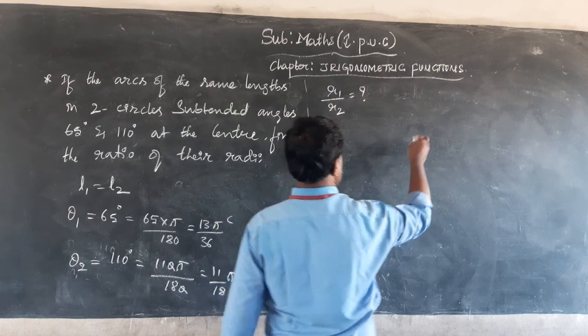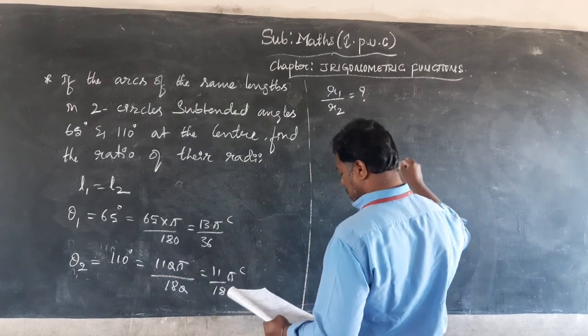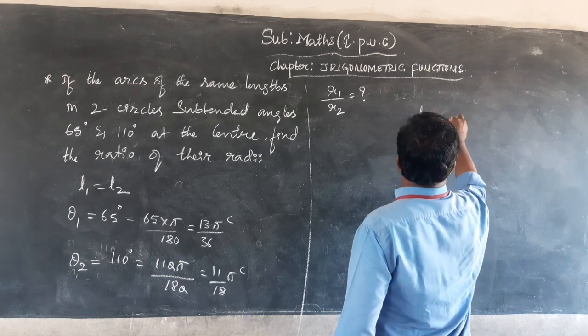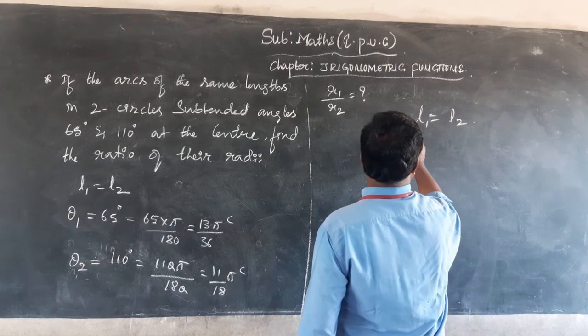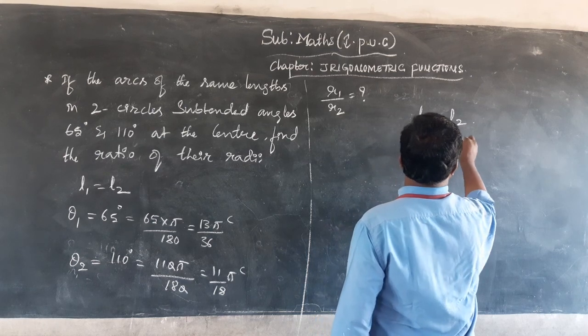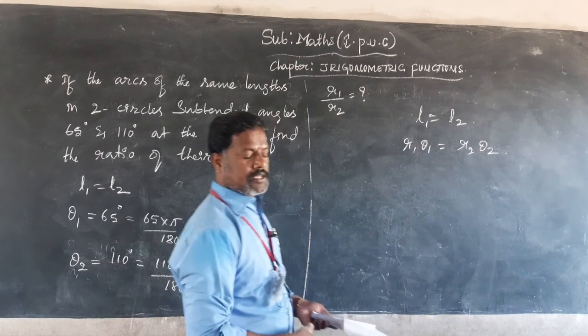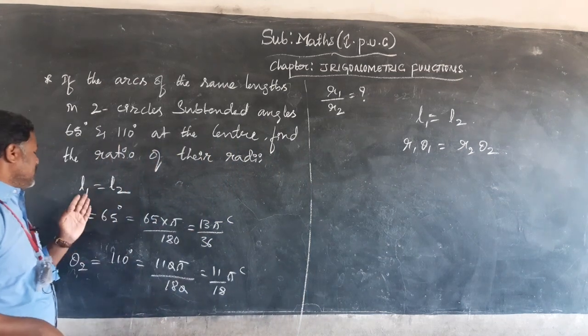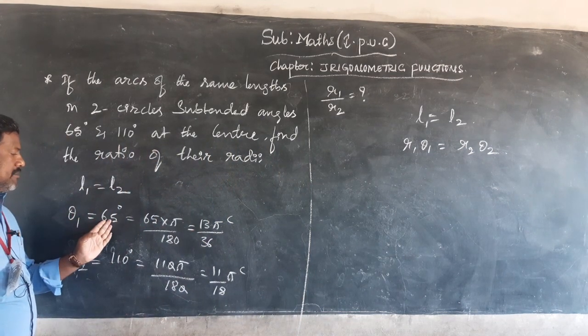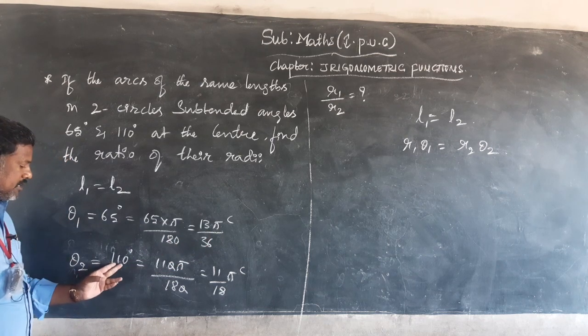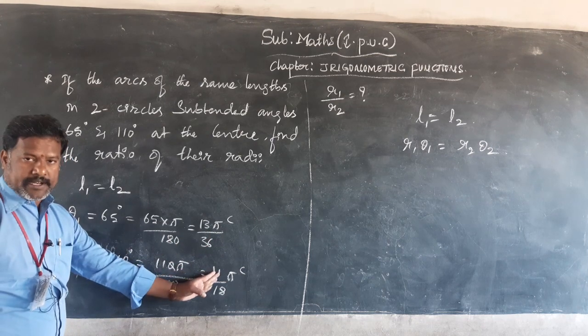They have given us clearly that L1 equals L2, that is R1 theta 1 equals R2 theta 2. Children, here we have converted theta 1 degree measure in terms of radian measure. Similarly, theta 2 degree measure in terms of radian measure.